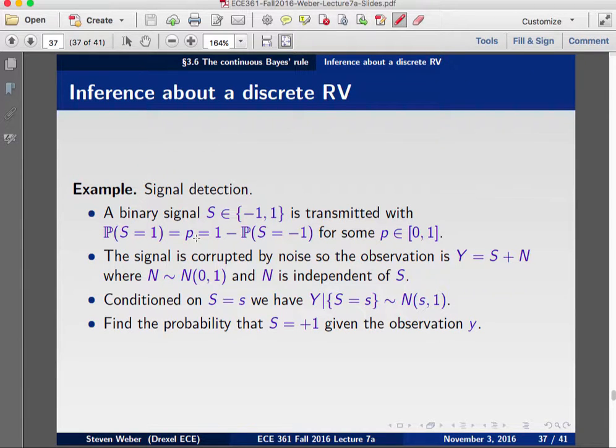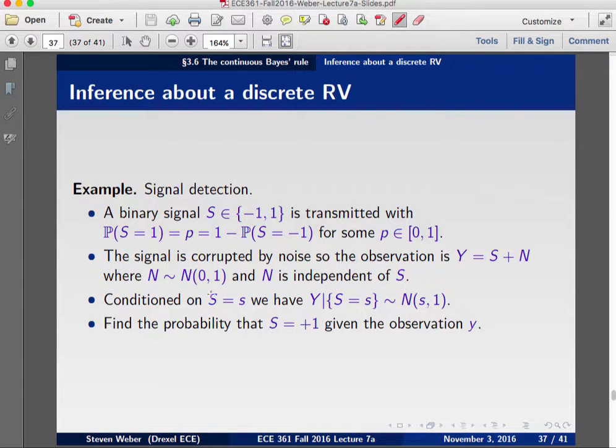Now, the transmitter sends the signal, either +1 or -1, but it's corrupted over the channel by noise. So the observation, which is again Y, is the signal plus noise N. The noise is assumed to be normally distributed with mean 0 and variance 1. And, as is common, we assume the noise is independent of the signal.